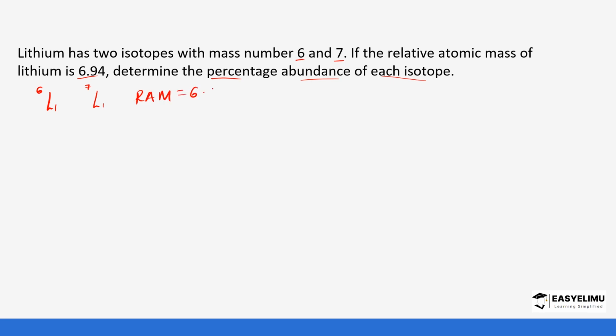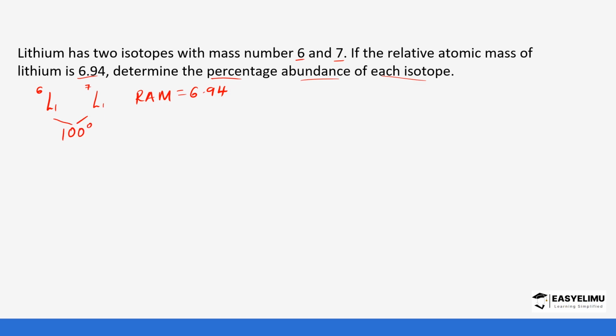The first thing we need to realize is that if you take the percentage abundances of each isotope and add, the total abundance for both lithium 6 and lithium 7 is going to be 100%.